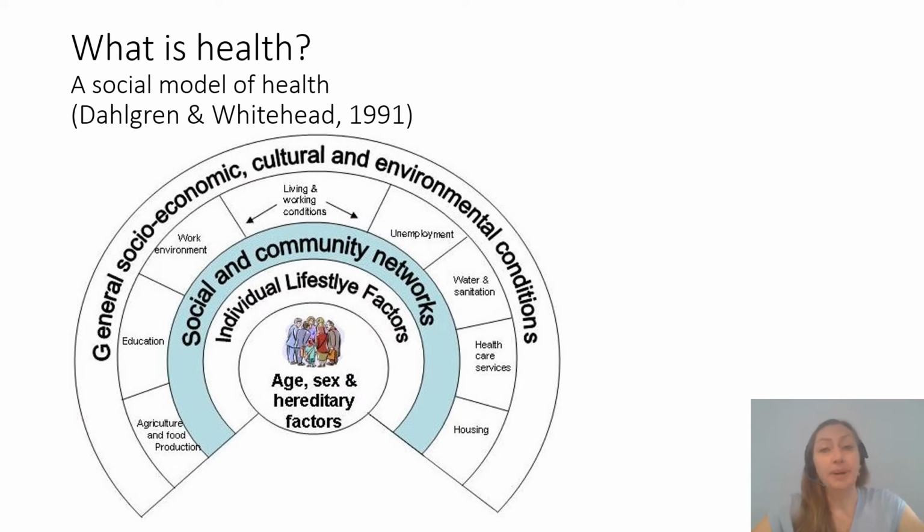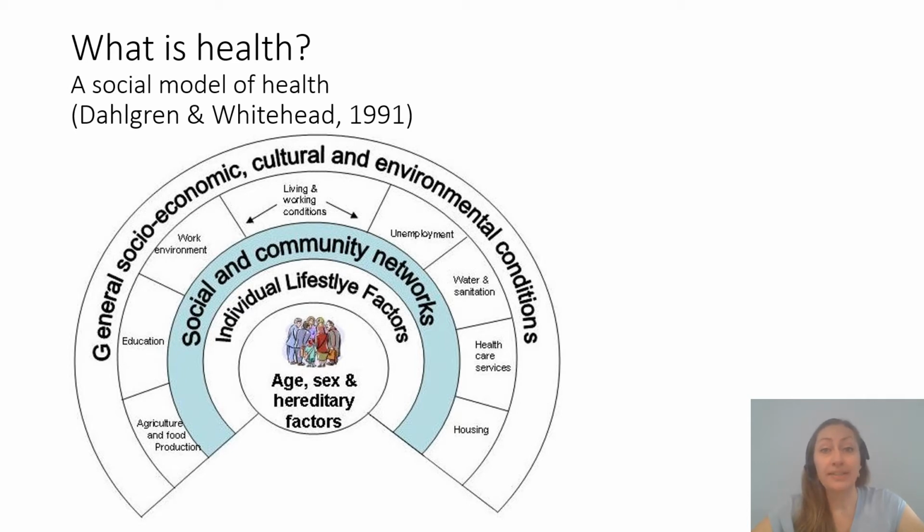A very different model is the model by Dahlgren and Whitehead called the social model of health. This model consists of 5 layers in a circle. In the middle, there are the factors like age, sex, and so on, which cannot really be changed. The next layer is the individual lifestyle factors, where you can actually intervene in health promotion.